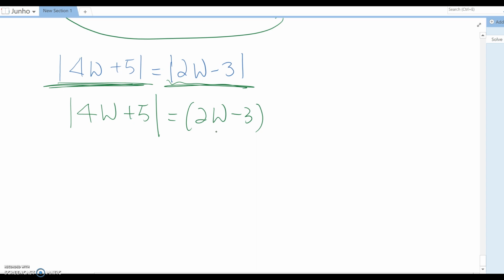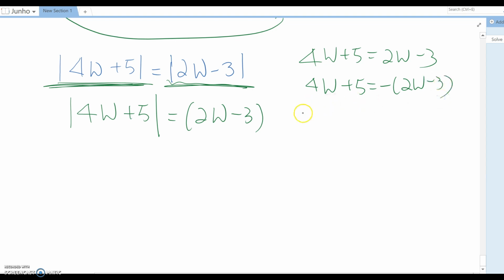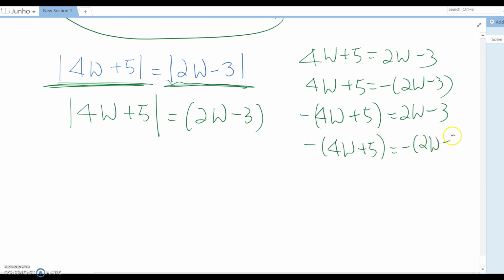The reason we can do it this way is because we could generate 4 different equation patterns, such as 4w + 5 = 2w - 3, or 4w + 5 = -2w + 3, or -4w + 5 = 2w - 3, or -4w + 5 = -2w + 3.